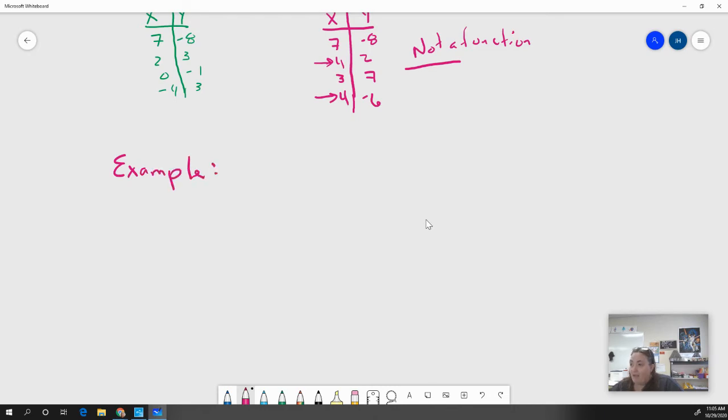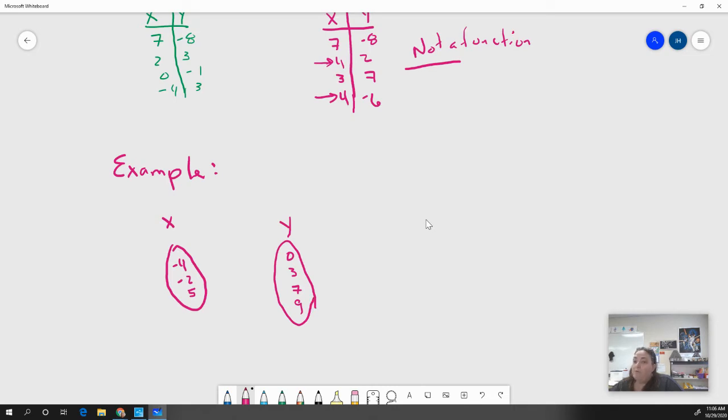So if I have a table and in it I've got like -4, -2, and 5. And then over here I've got my y's. And let's say we have 0, 3, 7, and 9, right? We'll put a big oval around it.